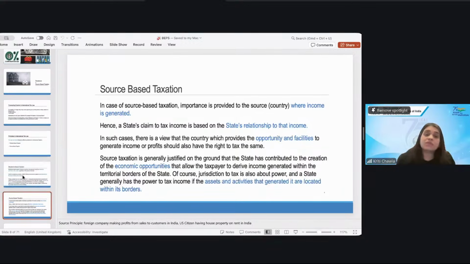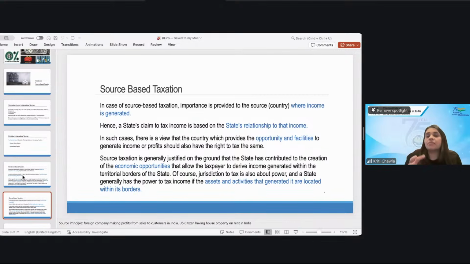Why? Well, that is because your source of income is in India. You have the house property in India, and that is actually helping you earn rental income. So you should be paying taxes in India itself. This is basically called source-based taxation.